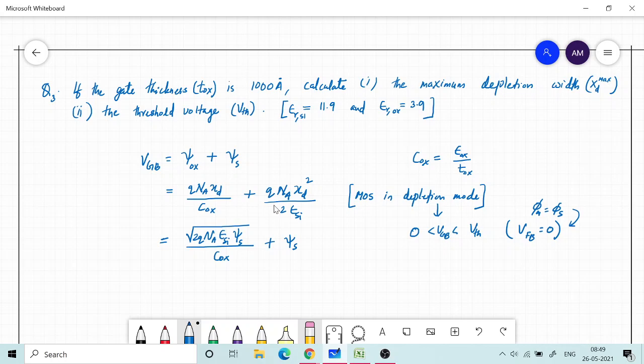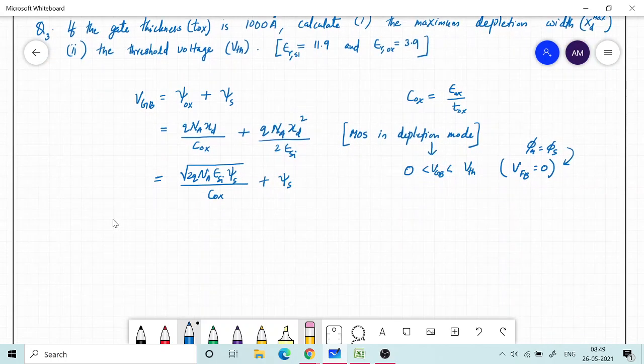So when VGB becomes VTH, we can write VTH is equal to Q NA xd max divided by Cox, plus Q NA xd max square divided by 2 epsilon 0.